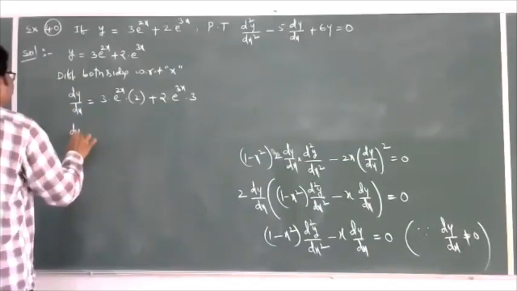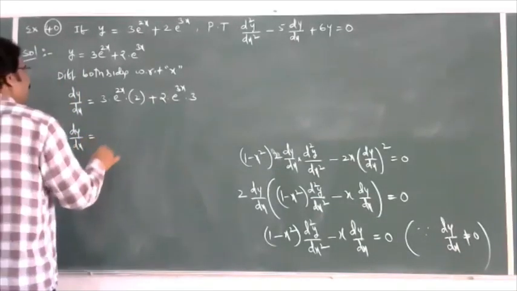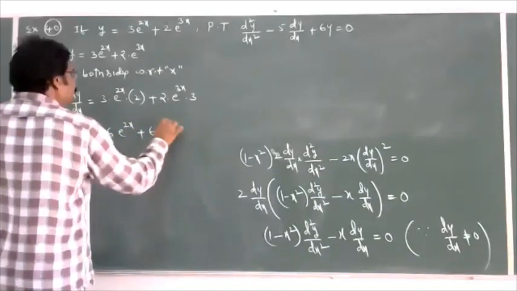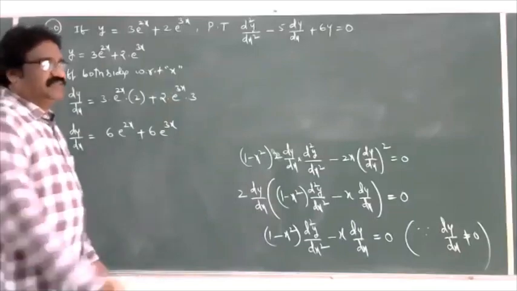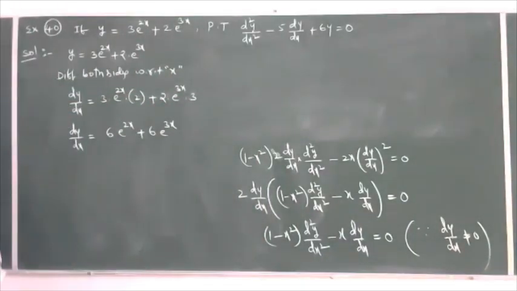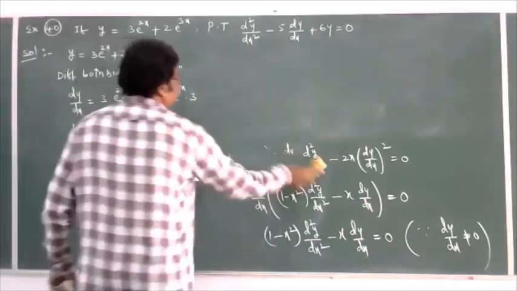That is dy by dx is equal to 6 into e power 2x plus 6 into e power 3x. This is dy by dx.